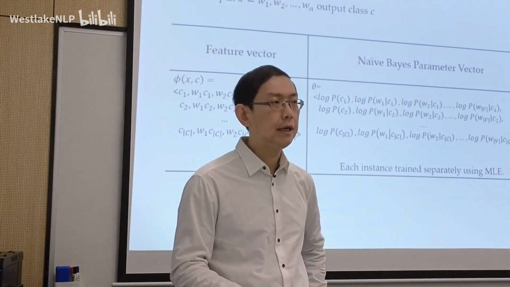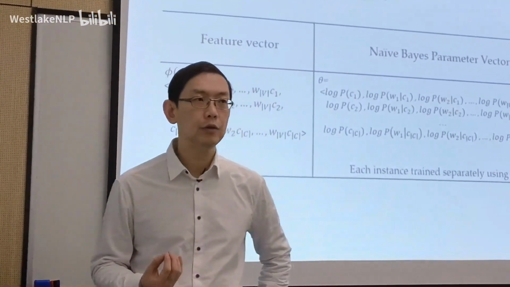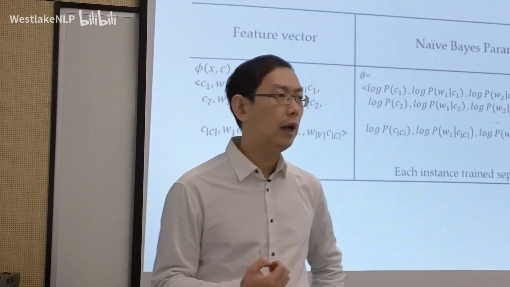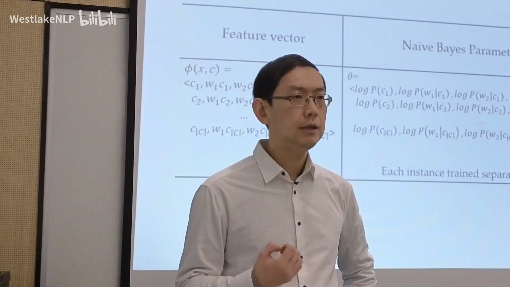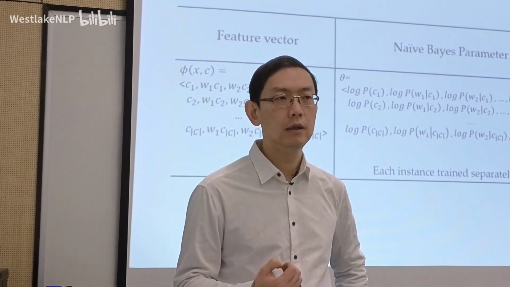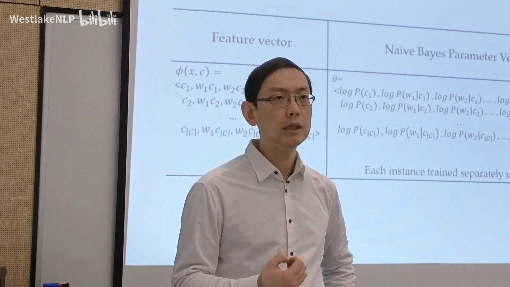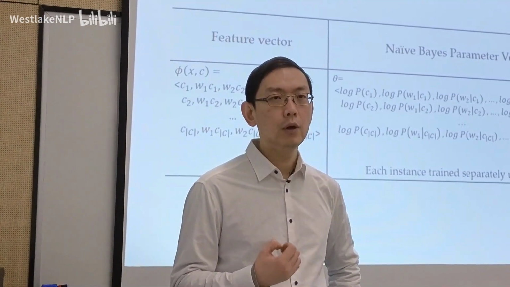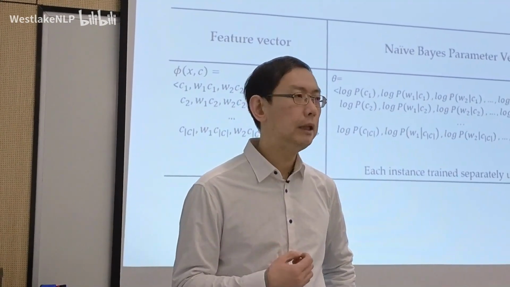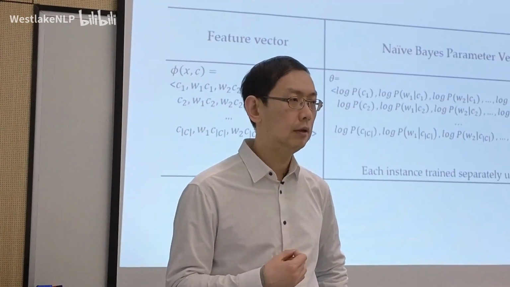We learned a generative model, the naive Bayes model, and two discriminative models. And they score this feature vector differently. For naive Bayes, you assign probabilities to each feature.